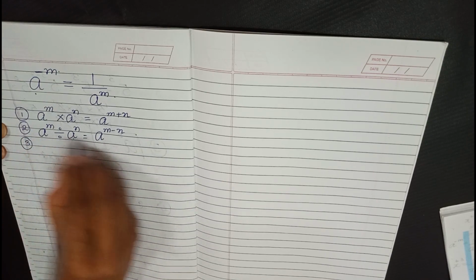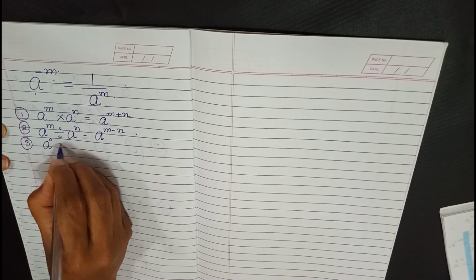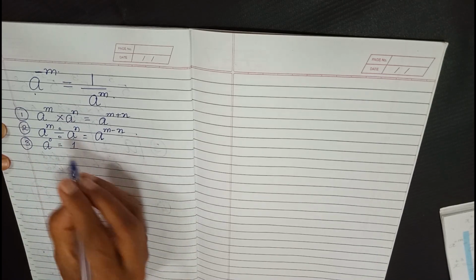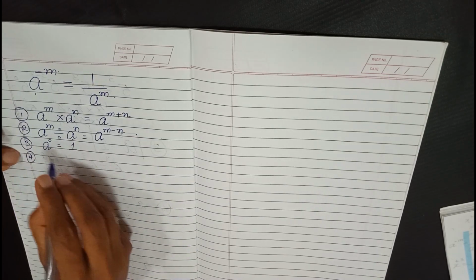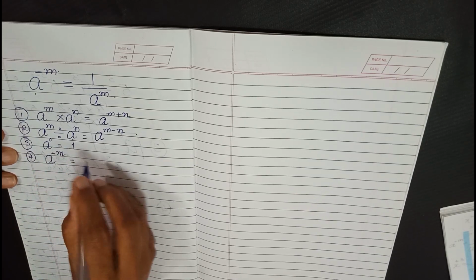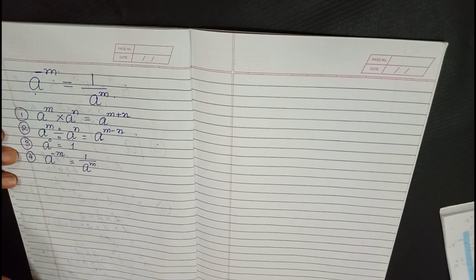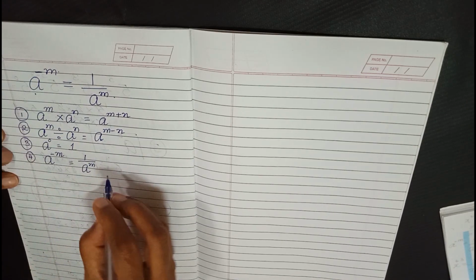And now using this formula only, when we got that a raised to 0, then we know it will be equal to 1. And again we got one more formula, that is if we have a negative index, it just means that the position of that number is in the denominator and not in the numerator.